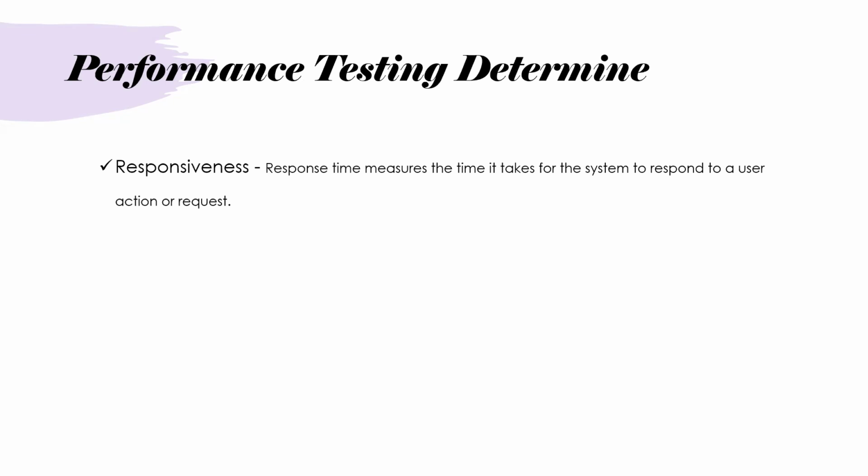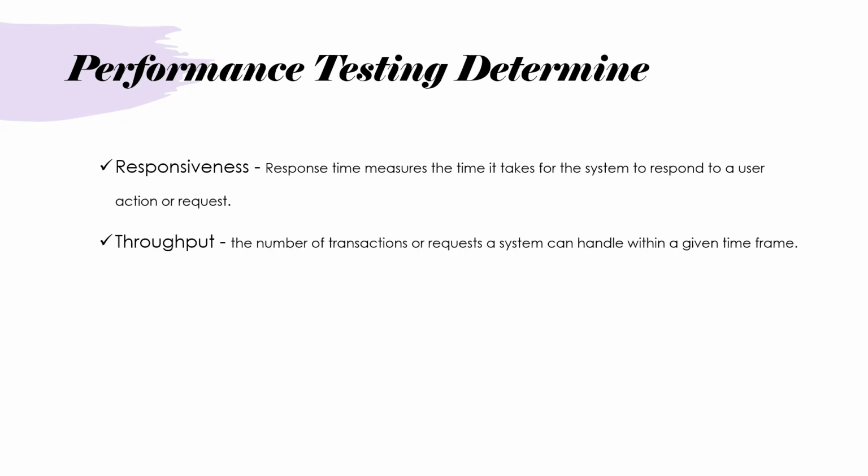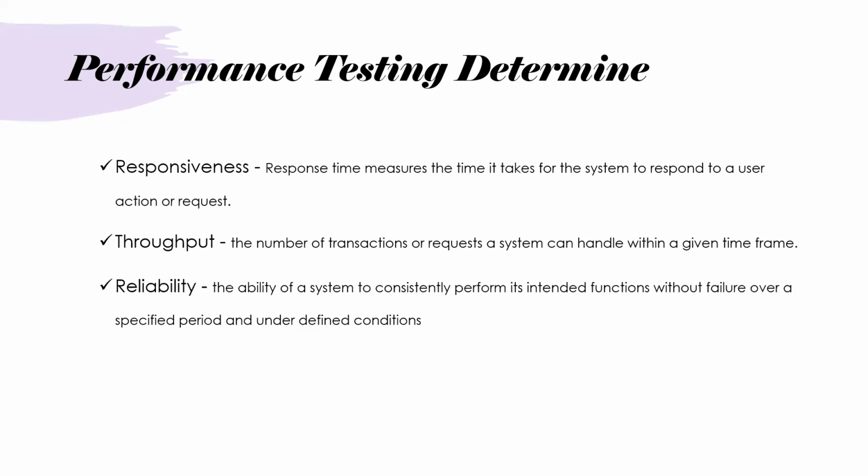Also, we have another quality attribute called throughput that indicates the number of transactions or requests the system can handle within a given period of time. Also, we have another quality attribute called reliability. Reliability is the ability of a system to consistently perform the intended function without failure over a specific period or given conditions.